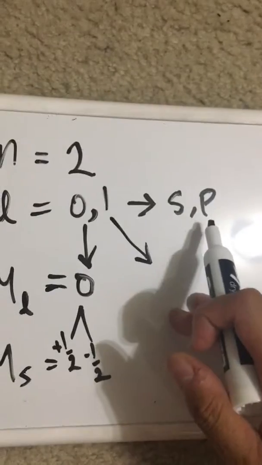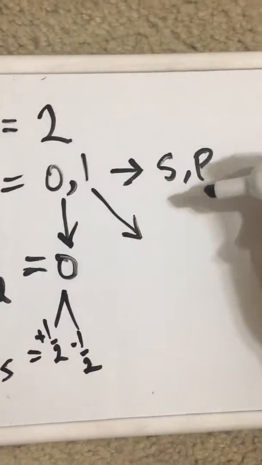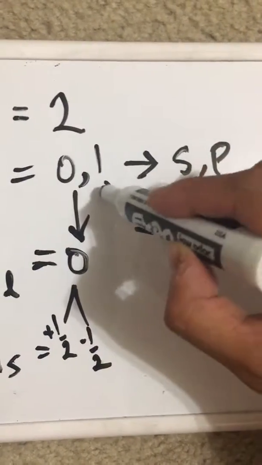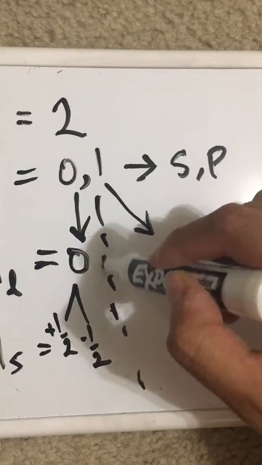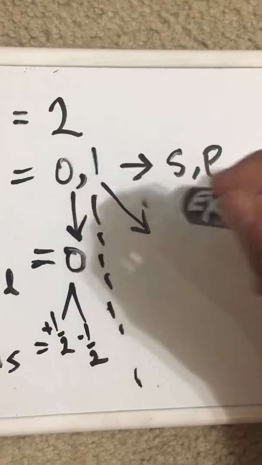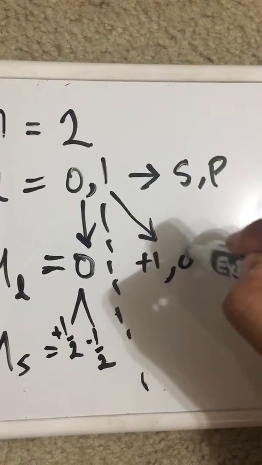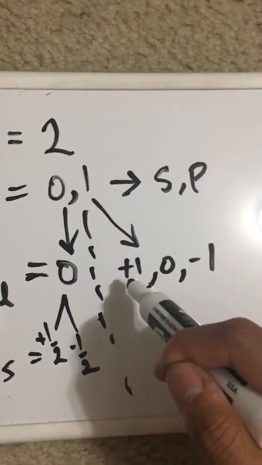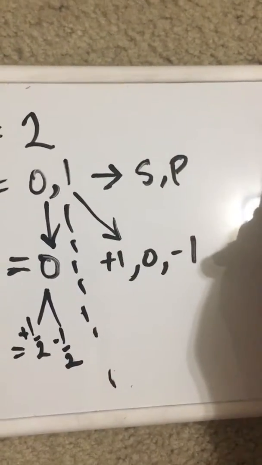1, which is the P shape, how many orbitals do we have that are in the P shape? So it's positive L to negative L. This dotted line is just to separate 0 and 1. So we have positive L to negative L. We're dealing with 3 orbitals, or 3 different spatial orientations.